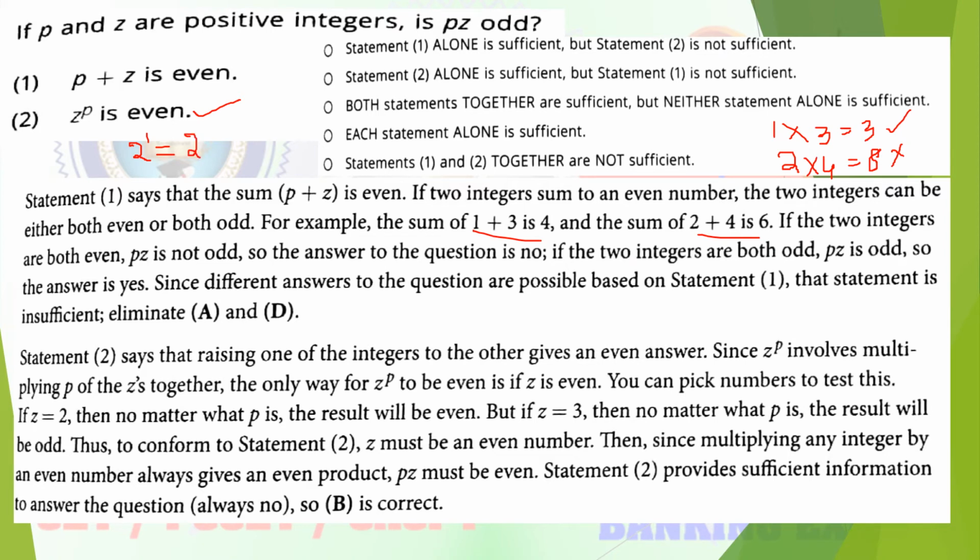Then with the same values, p is 1 and z is 2, so 1 into 2 is 2. Is this odd? No. Okay, next try another number.